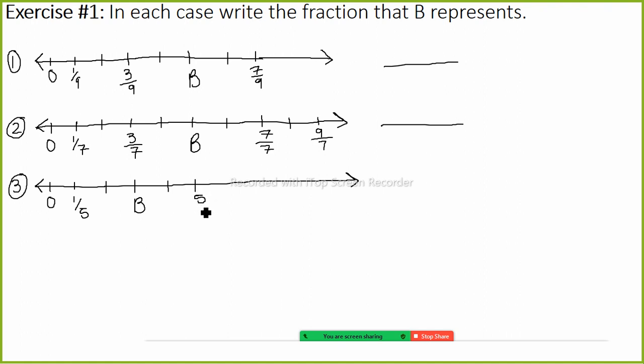This one is 5 over 5. 6 over 5. Write the value of B. Number 4.